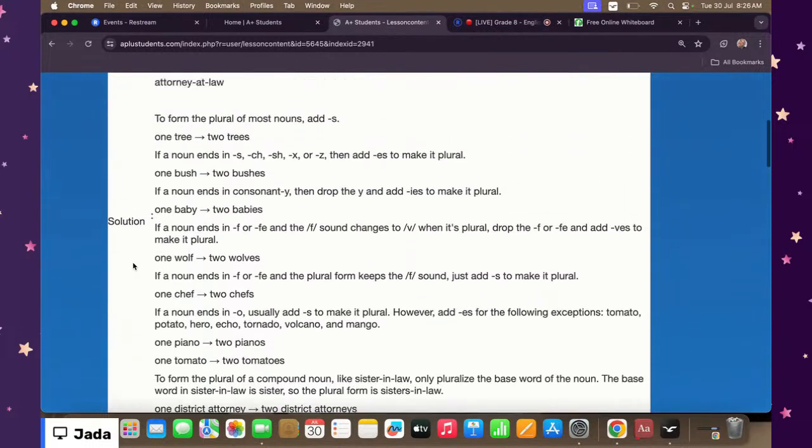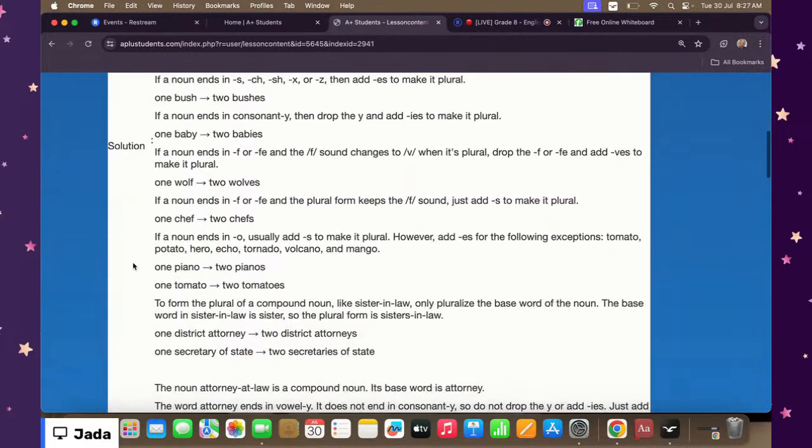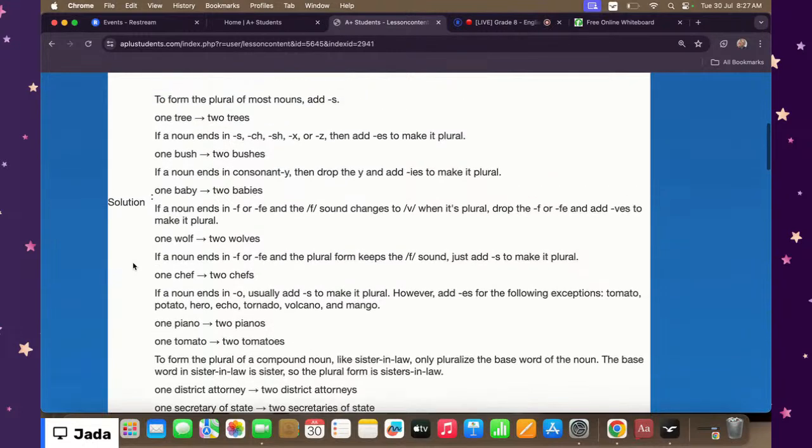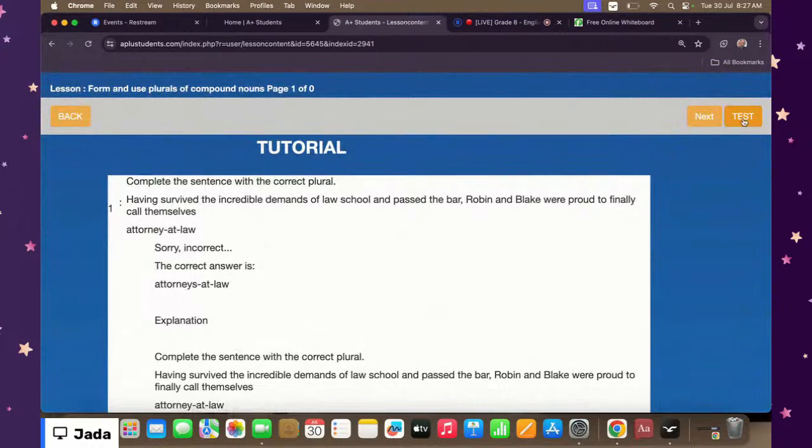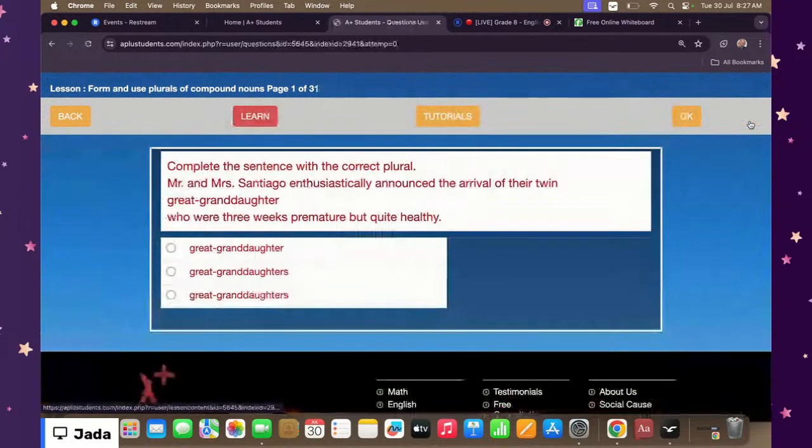So if you're making a compound, it's very similar to the way you have sister-in-law. Okay, so let's go on with our test. This is just a review from the lesson that you've had previously for nouns.